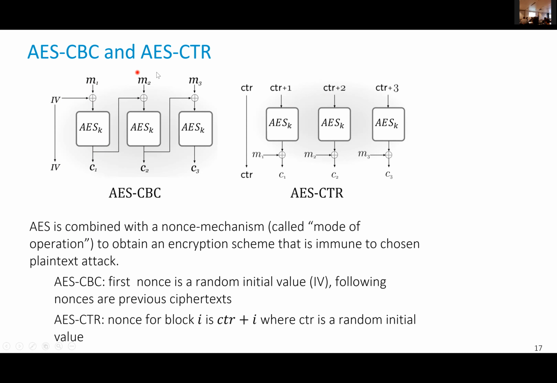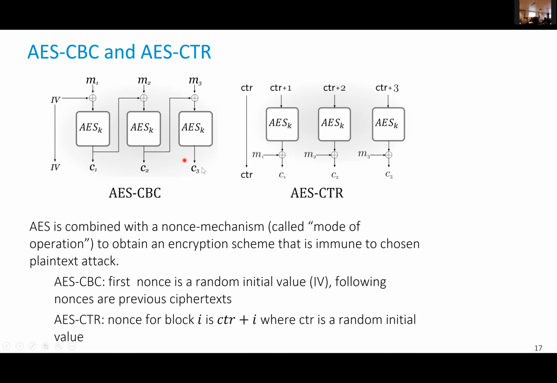So if I have a message that fits into 3 blocks, like here, I encrypt the first, M1, with this number here. I obtain C1. Now, M2 will be XORed with C1, and C2 is the encryption of M2 XOR C1, and so on. So if M3, for example, is the same as M1, then C3 will not be the same as C1.